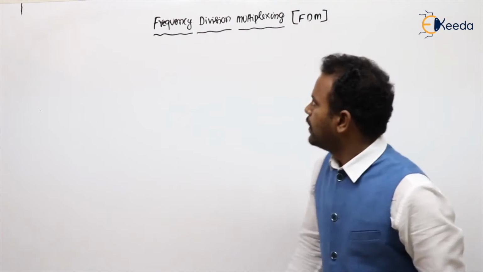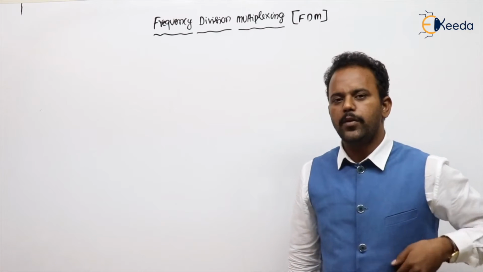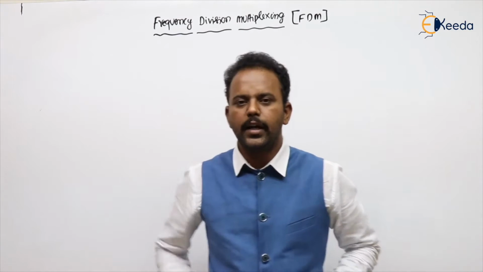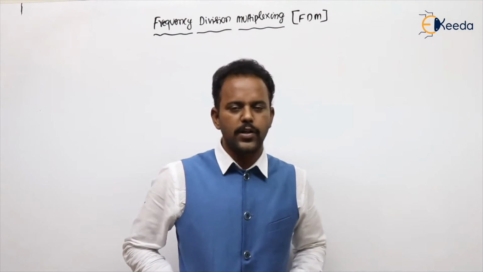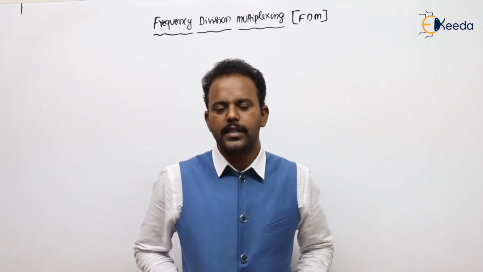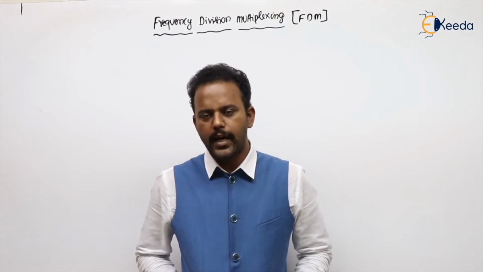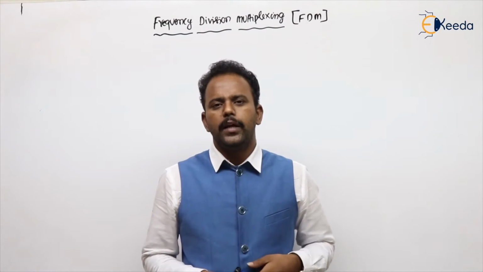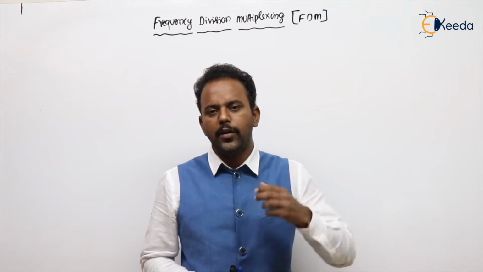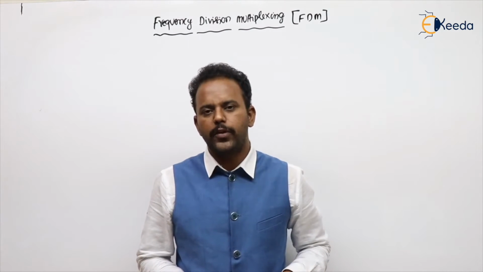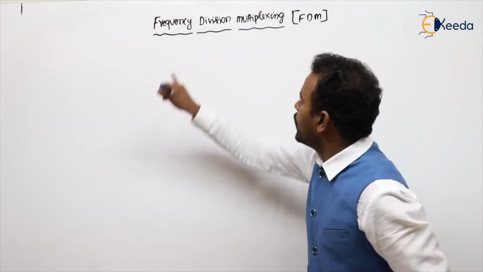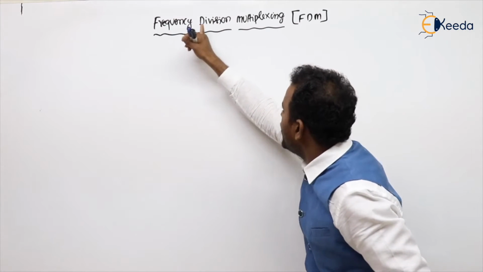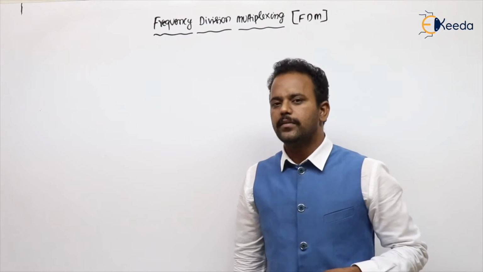Now, the first concept I am discussing is frequency division multiplexing. Especially for continuous time signals we call it FDM, and for digital signals, time division multiplexing. The meaning of frequency division you will understand after completing this FDM. By the name itself, we are going to divide the frequency of what?